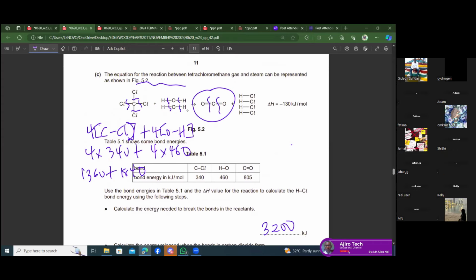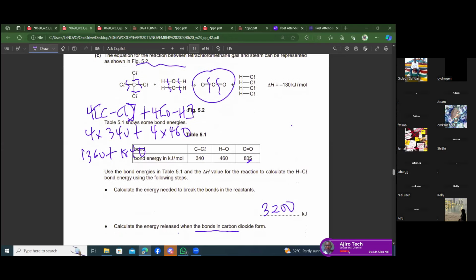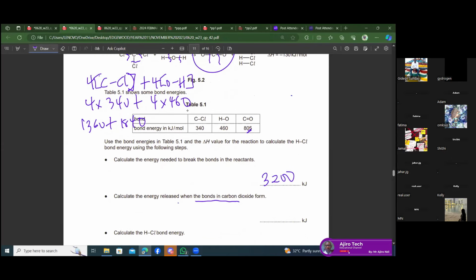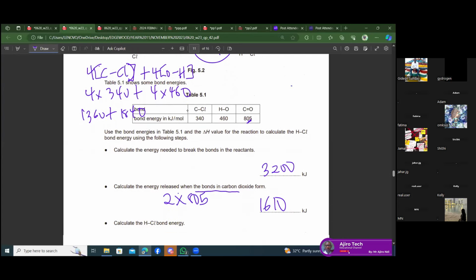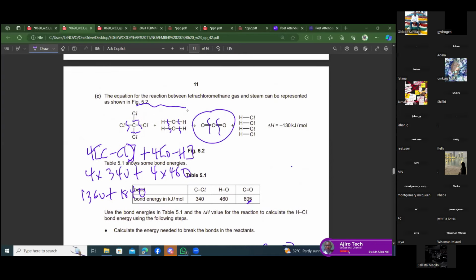So CO, CO. So we have 805 for the carbon double bond O. So we're going to have 2 times 805, and that's going to give us 1610. Because we're doing 2 times 805 for this. All right. Calculate the HCl bond energy. So we're asked to find the bond energy here. And remember that how many HCls are needed to be formed? 1, 2, 3, 4.